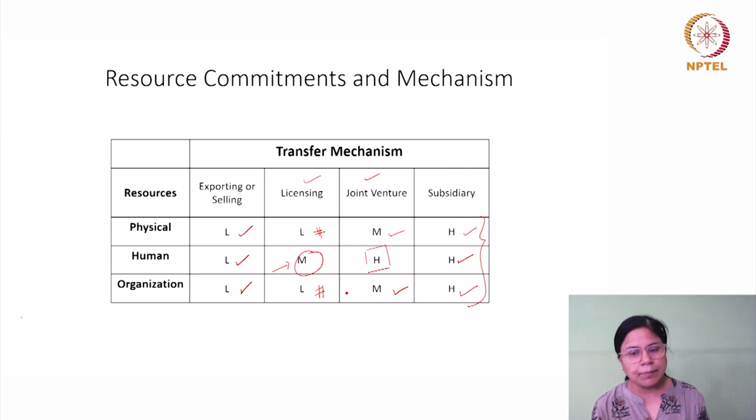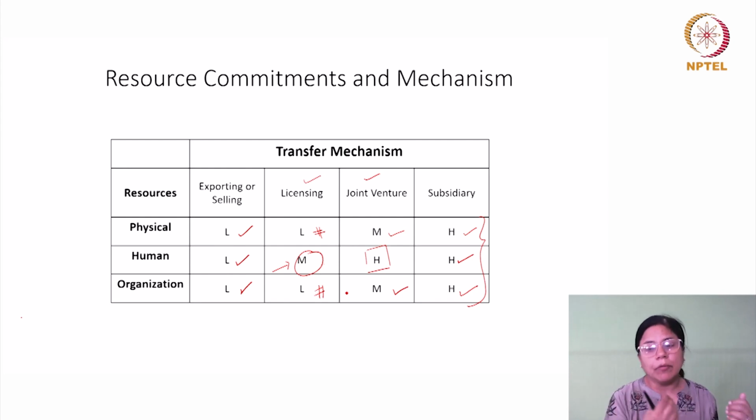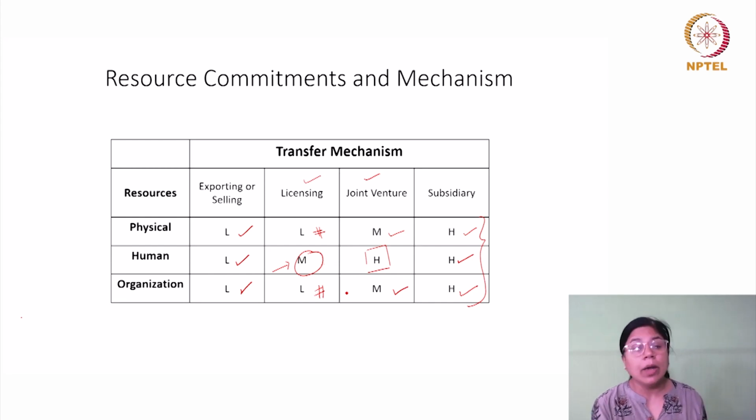With the assumption that you may find more trained or skilled labor in the developed economies, you may want them to come to the other economies, to the organizations that they are setting up in the other countries, and get engaged with the human resource there.